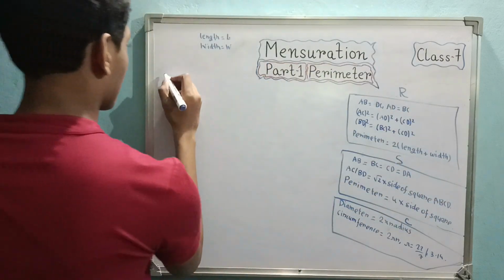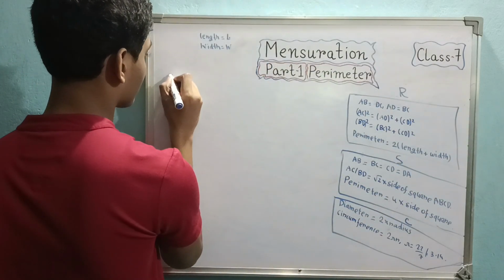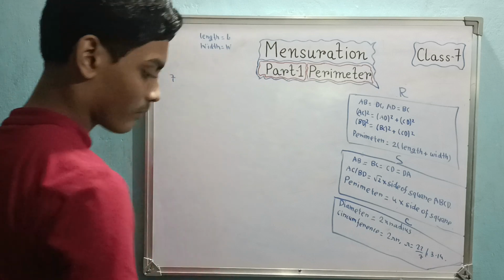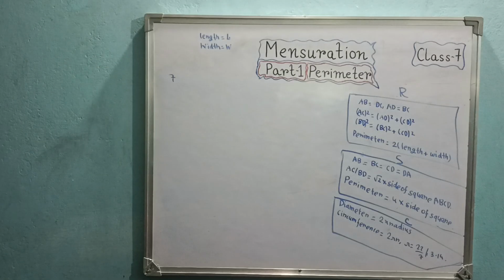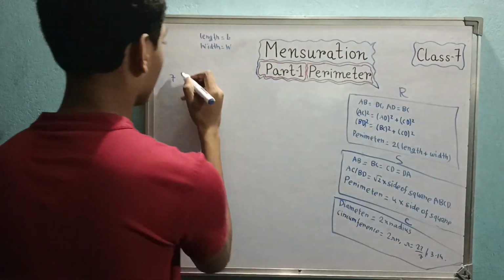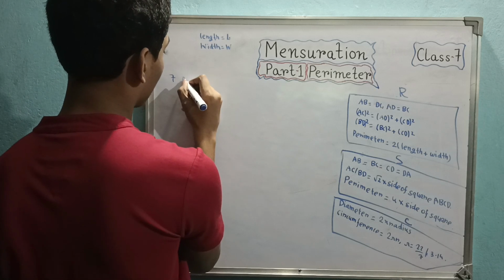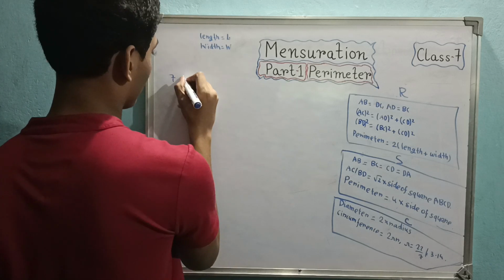Question 7 now. Diameter of a circle is 42 centimeter. Okay, they are not giving us a radius directly. Why? They want us to work hard.